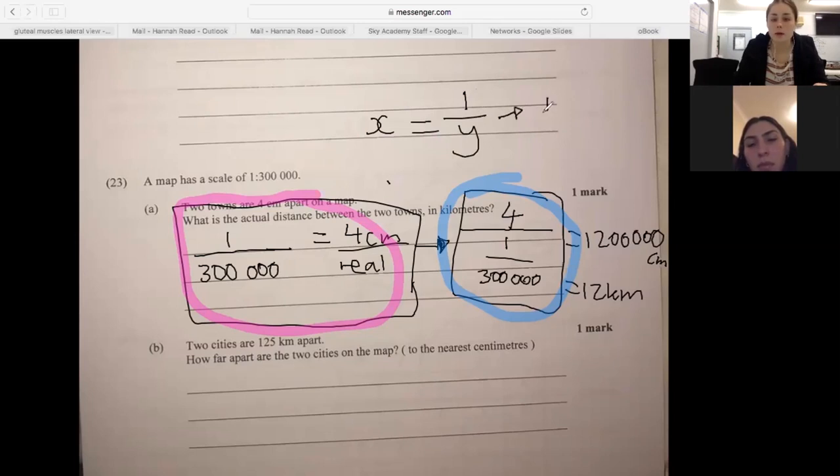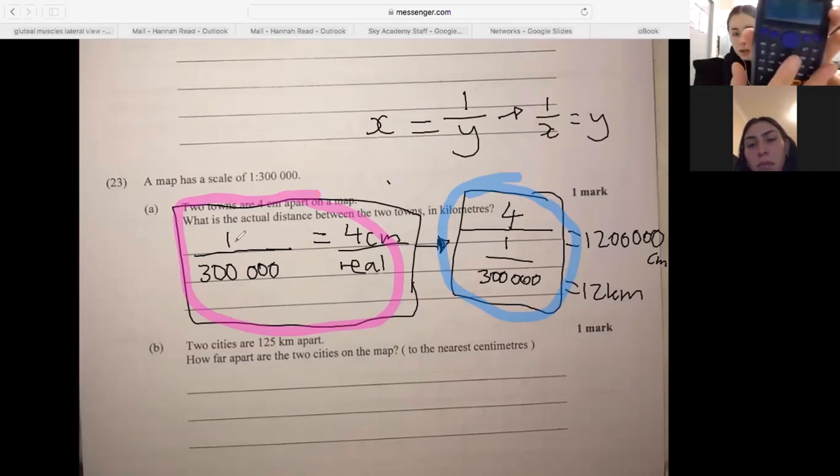So then it'd be 1 over x equals y. So that's the method I use. I just took the 4 and put it on top of that fraction.